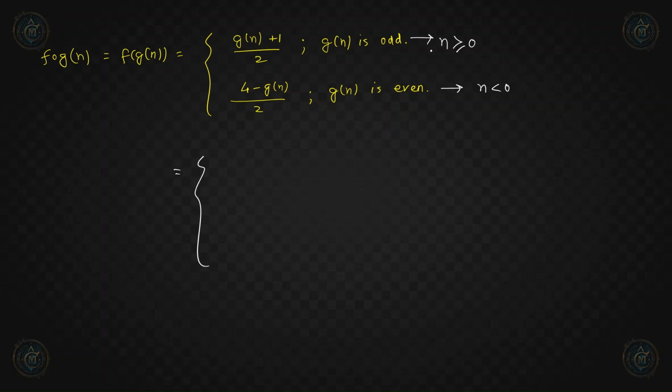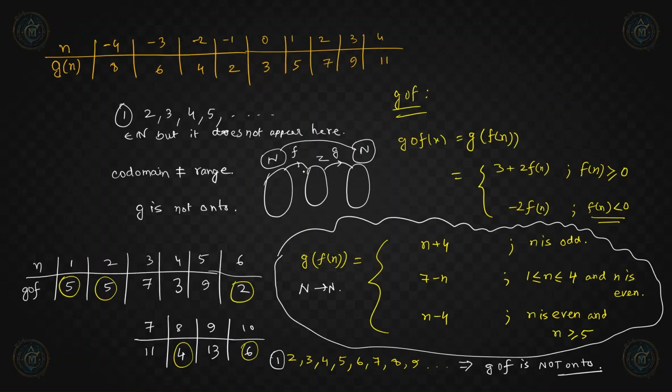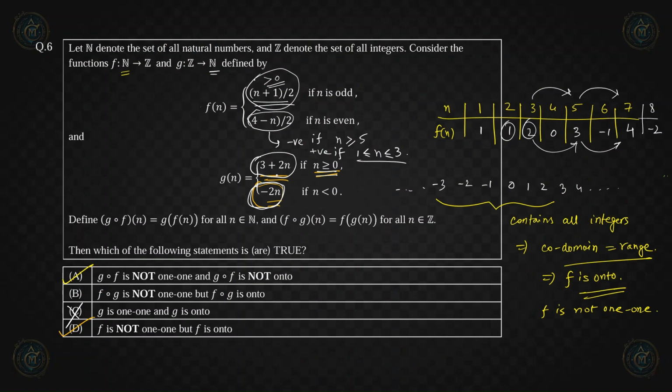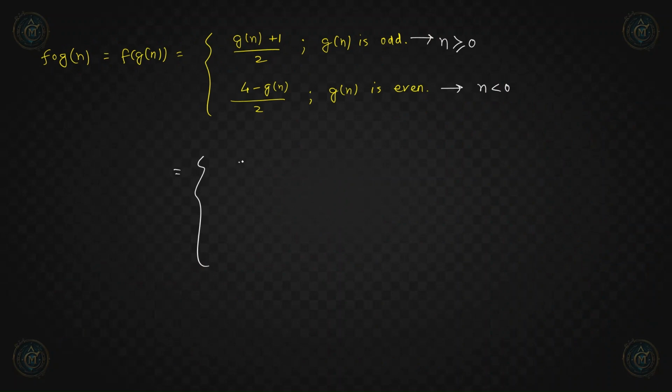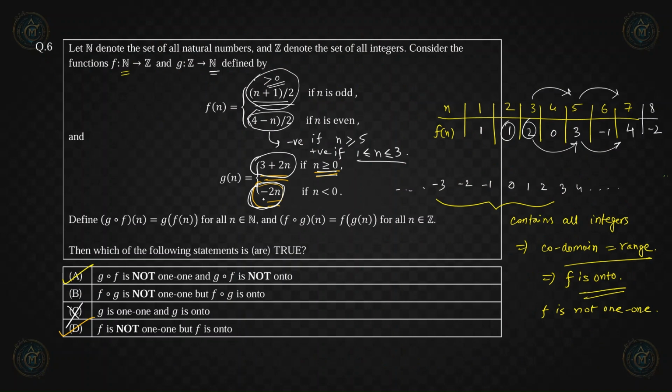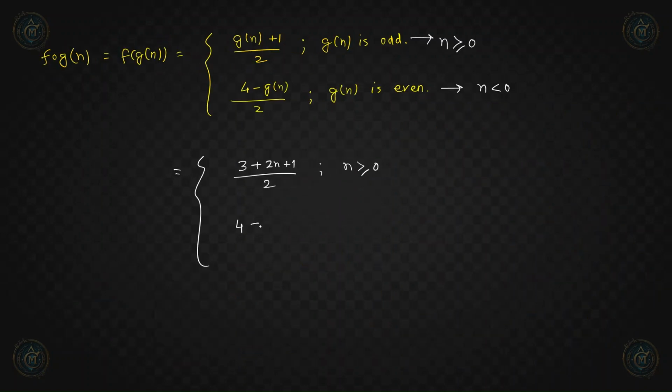So we have the definitions for n greater than or equal to 0. The definition of gn is 3 plus 2n, so we can replace gn with 3 plus 2n, plus 1, divided by 2 when n is greater than or equal to 0. And for n less than 0, gn is minus 2n, so this will be 4 minus minus 2n divided by 2.